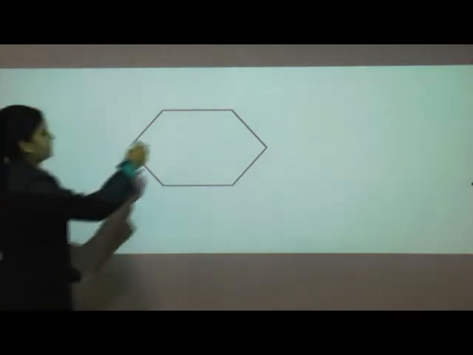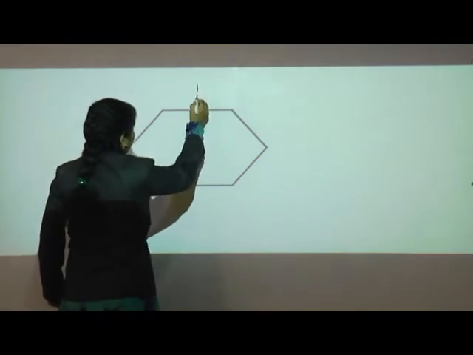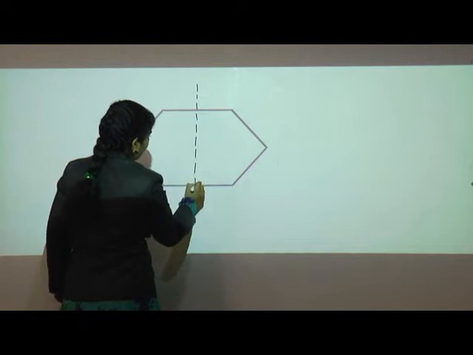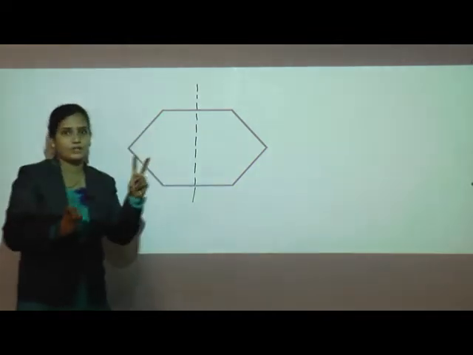Okay. Now this is a hexagon, isn't it? For the hexagon we can see that, see students, if we fold the hexagon vertically, we'll get two equal parts. See, fold it, then you will get two equal parts.